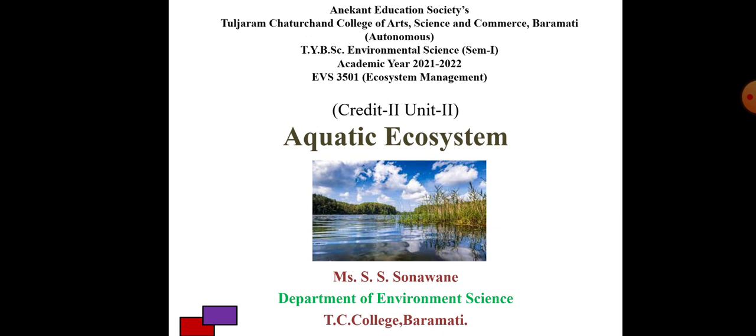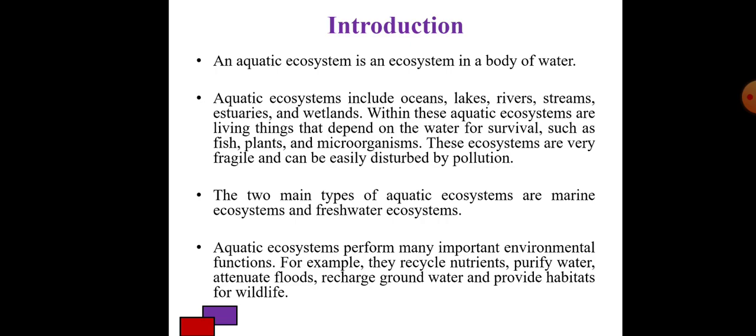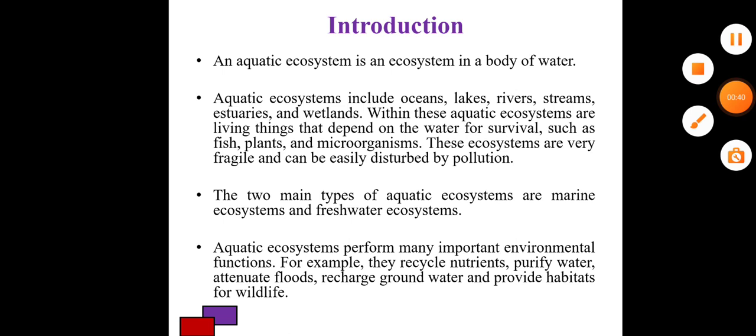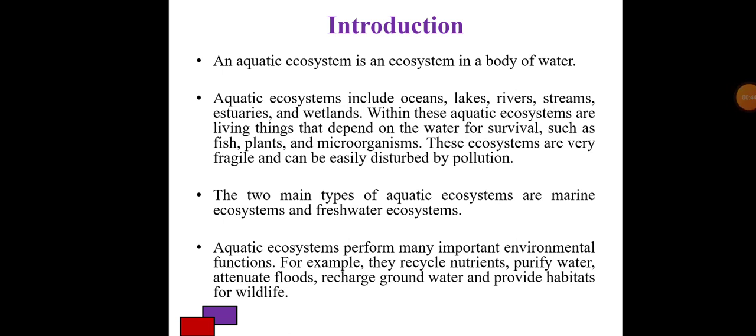Okay, so let's start. Firstly, introduction about aquatic ecosystem. So an aquatic ecosystem is an ecosystem in a body of water. Aquatic ecosystems include oceans, lakes, then rivers, streams, estuaries and wetlands. Within these aquatic ecosystems are living things that depend on the water for survival, such as fish, then plants and microorganisms.